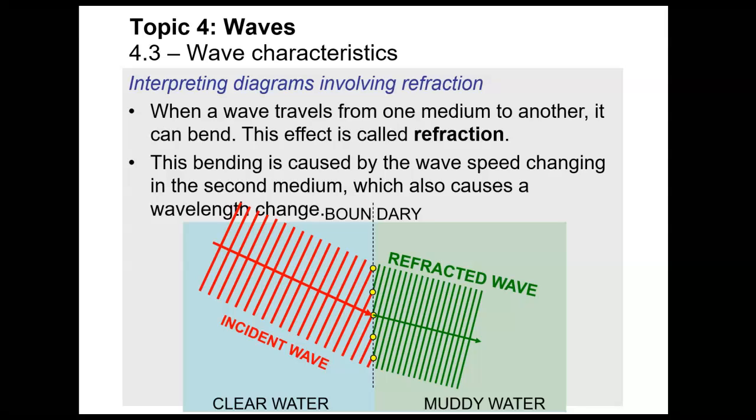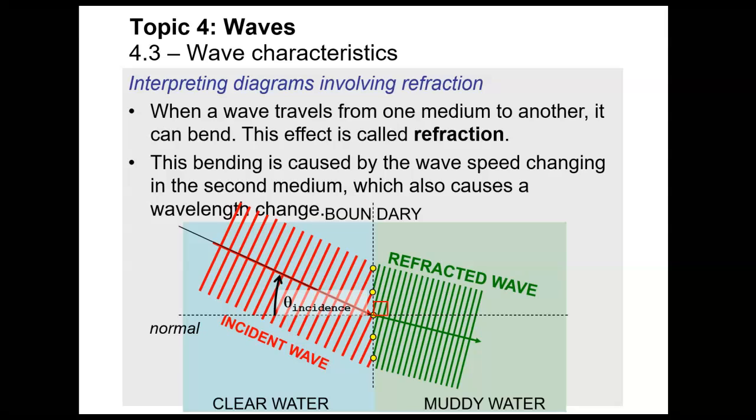Remember, typically when you're doing problems with refraction, normally you look at the rays and not the wavefronts, but I have seen questions involving both. So just remember, rays and wavefronts are two ways of looking at waves visually. And there's a normal.